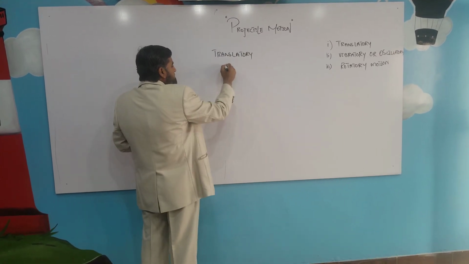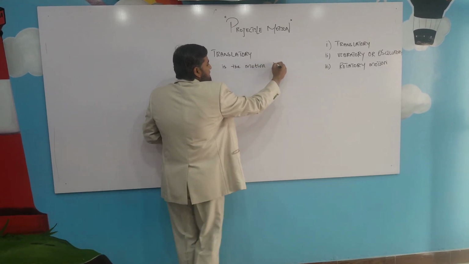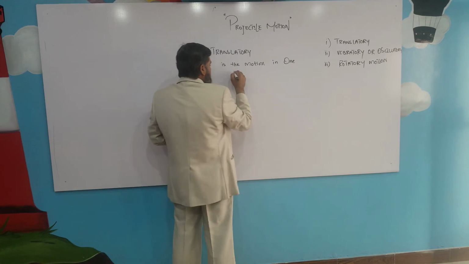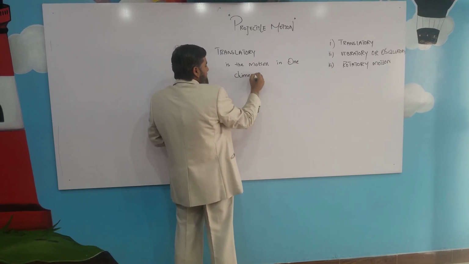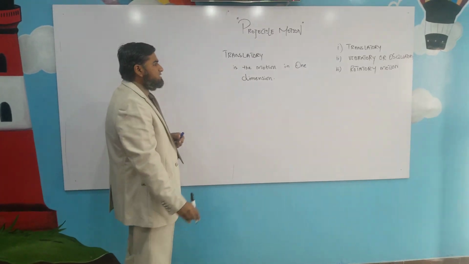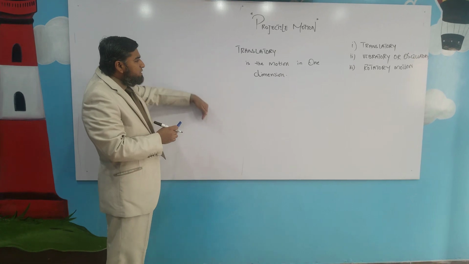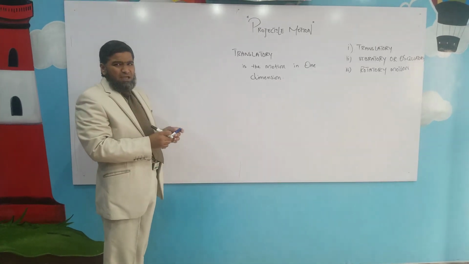it is motion in one dimension. For example, in free fall motion, if an object falls from a certain height, it travels downwards, but still it is in one dimension.